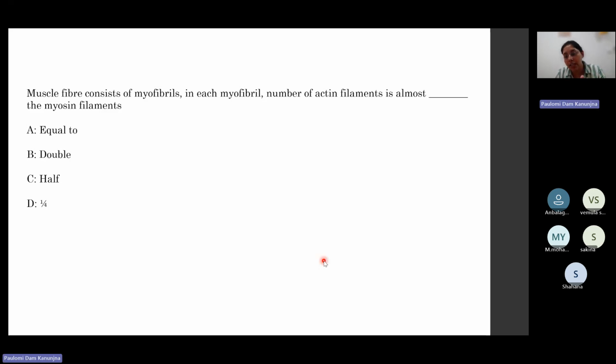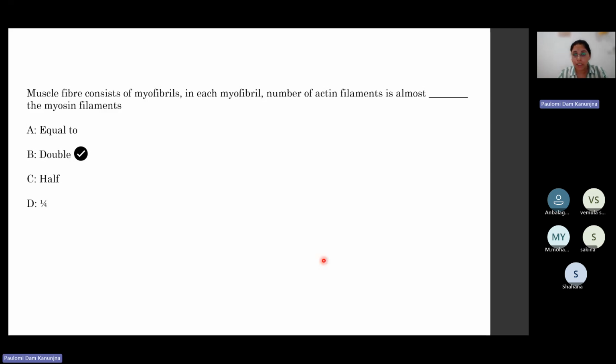So will actin and myosin be equal in number, or do you think actin will be more and myosin less, or do you think it will be the opposite, that myosin is more and actin is less? No, anyone? Okay, let me show you.